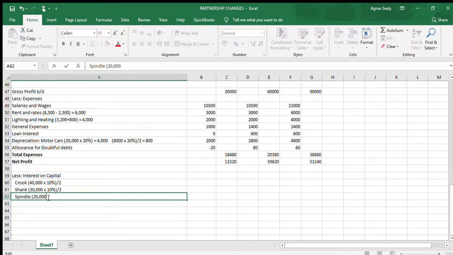So Spindle's capital, $20,000 plus $8,000, which equals $28,000, and that is multiplied by 10%. And then that 10% is divided by 2.